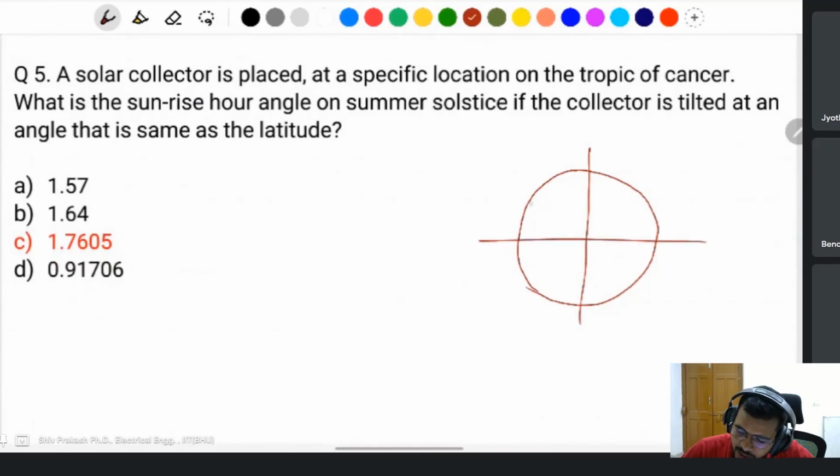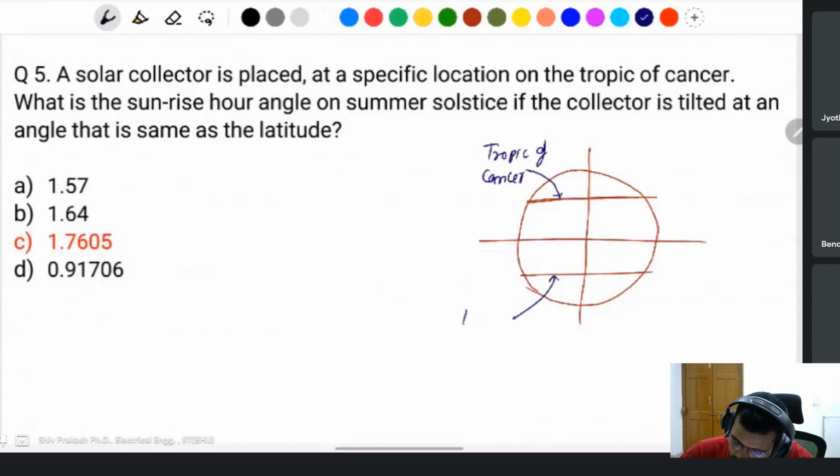There are three lines on the earth: the Tropic of Cancer, this line is the Tropic of Capricorn, and this is the equator line. The specific location is on the Tropic of Cancer.